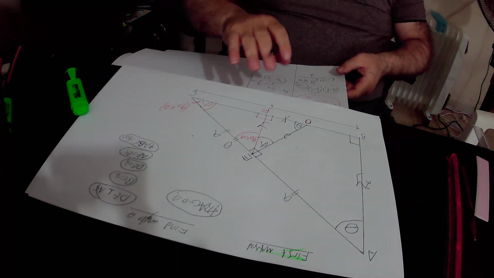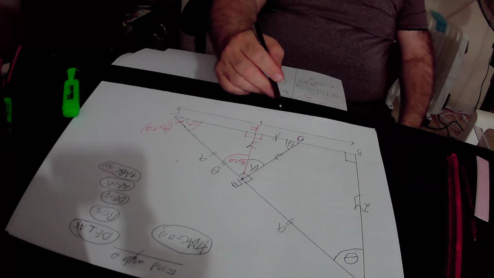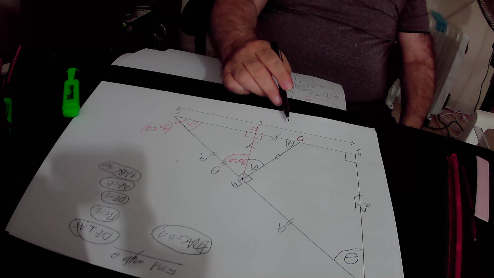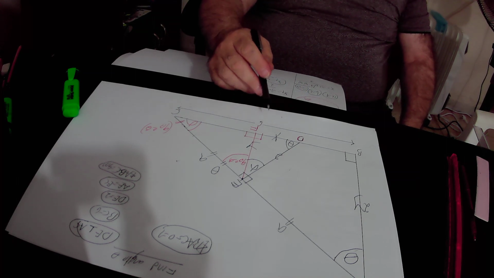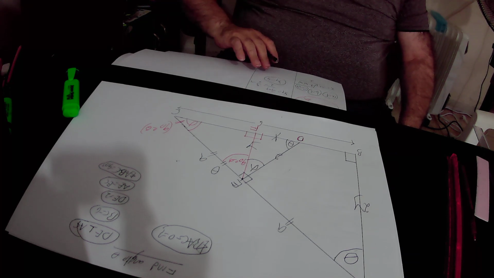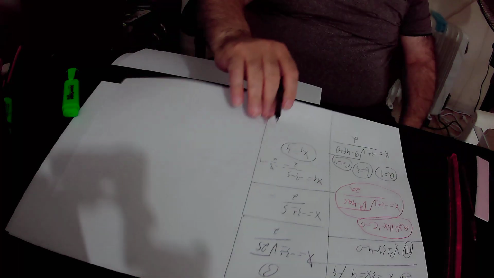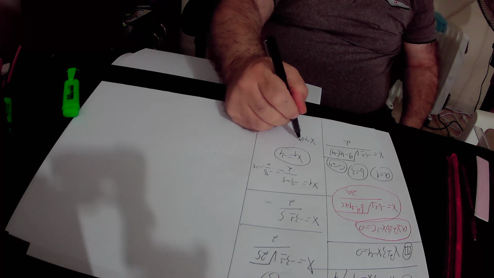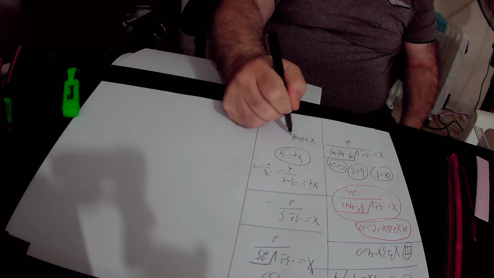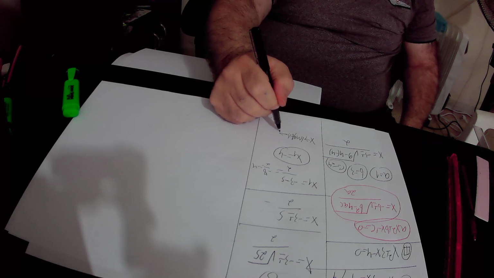But because x is the length of side DF of the right triangle EDF, x must be a positive number. x is the length, therefore it must be a positive number.